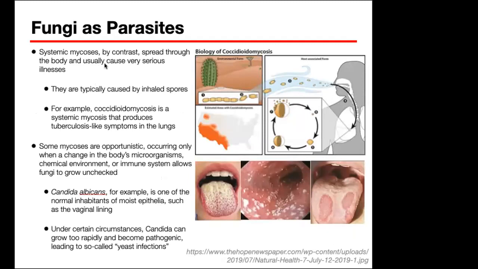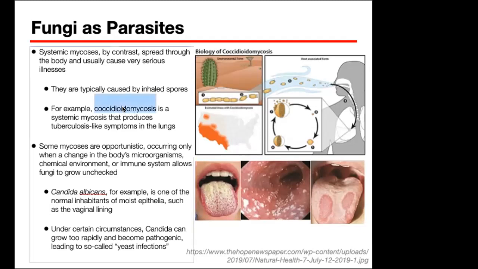No? Systemic mycosis would spread through the body and usually cause very serious illnesses. And this is usually caused by inhaling these spores. So, say, for example, coccidiomycosis.